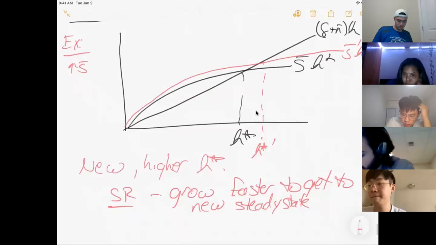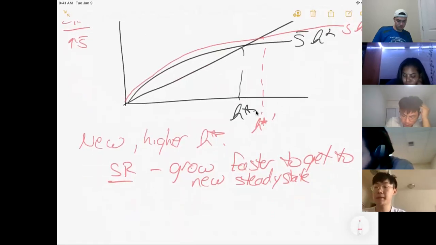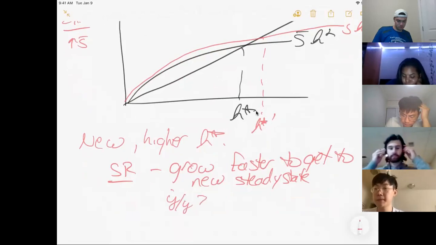What's going to happen? Now we're below our steady state, right? So we should grow faster to get to that new steady state. In other words, y dot over y is going to be greater than 0.